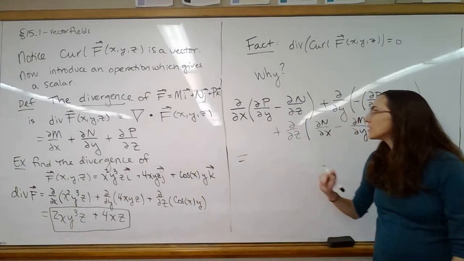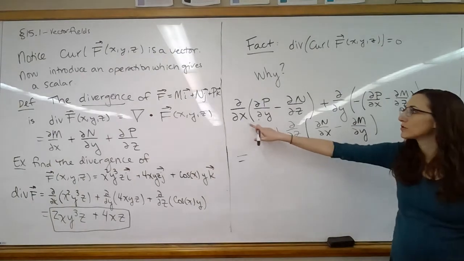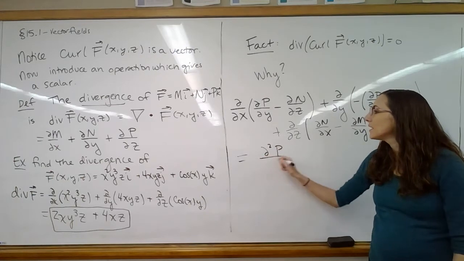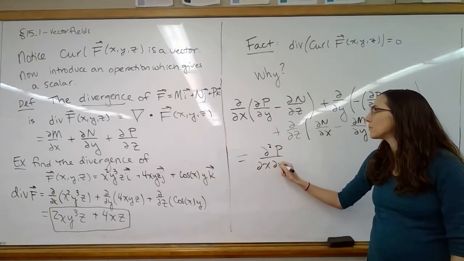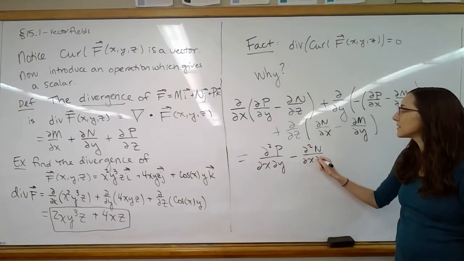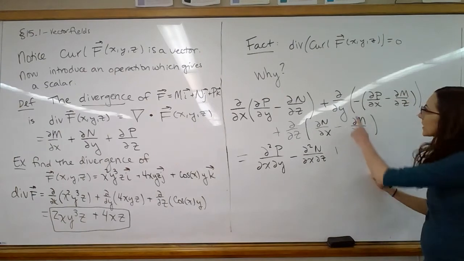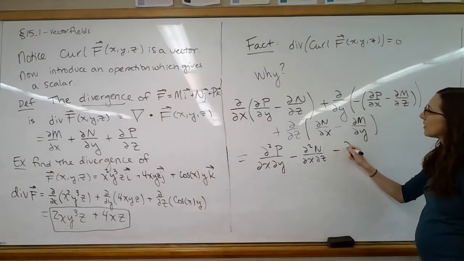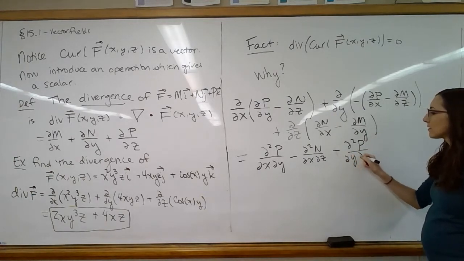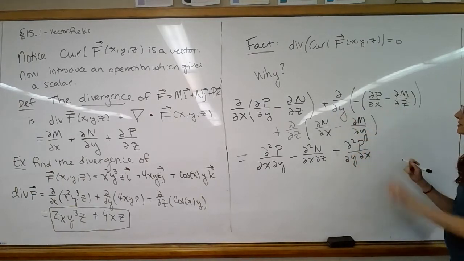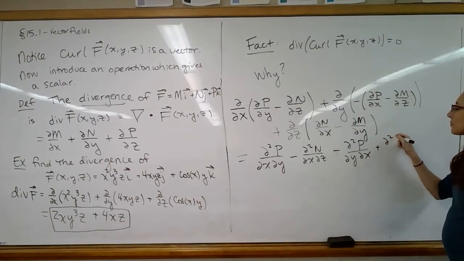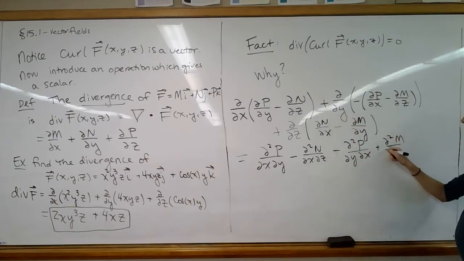If we just look at all of these partials, we're going to get a bunch of mixed partials. So we have the second partial of p with respect to x, then y, minus the second partial of n with respect to x, then z, and then minus the second partial of p with respect to y, then x, and then we'll have a negative negative, so plus the second partial of m with respect to y, then z.